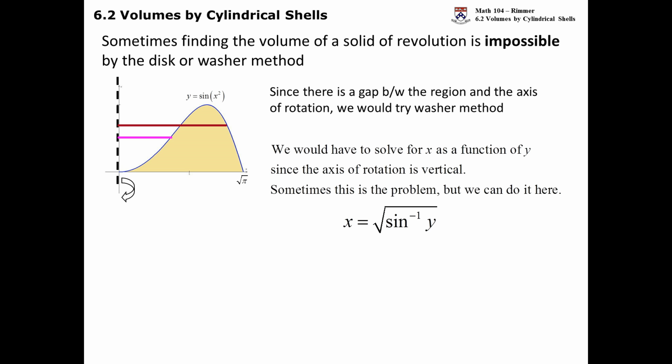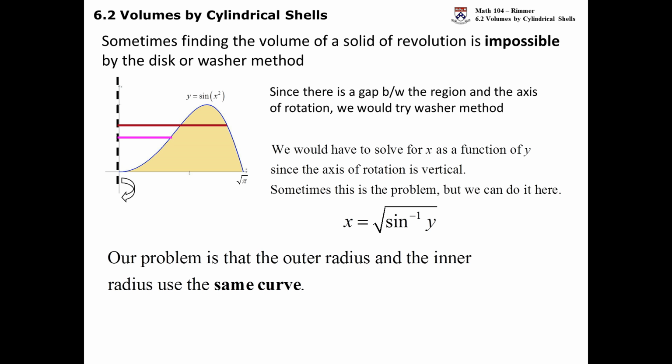We do not need to end up trying to figure out how to find the antiderivative of that. In fact, we can. But the bigger problem is the fact that the outer radius and the inner radius are going to the same curve.